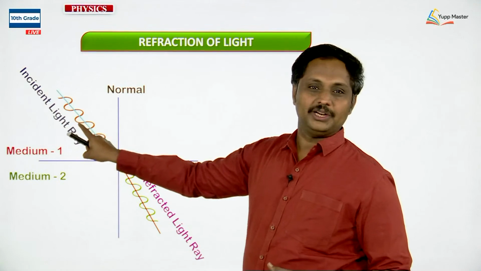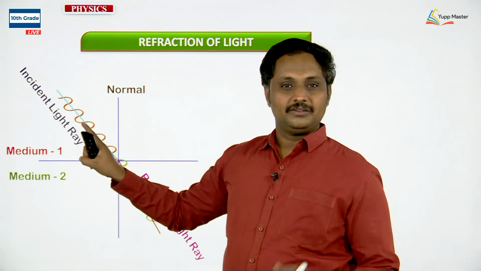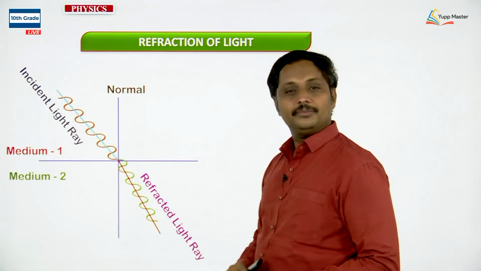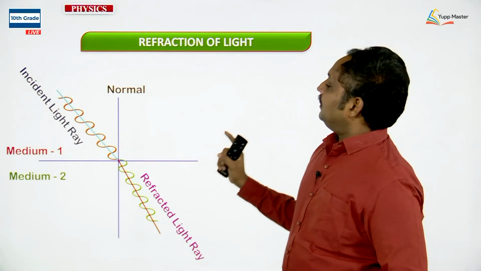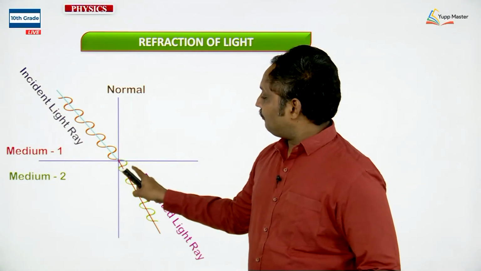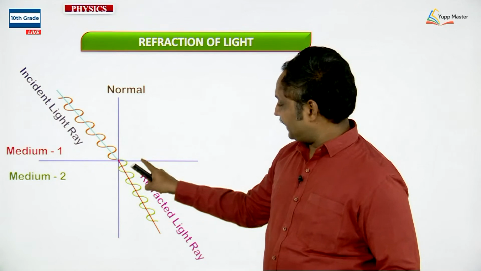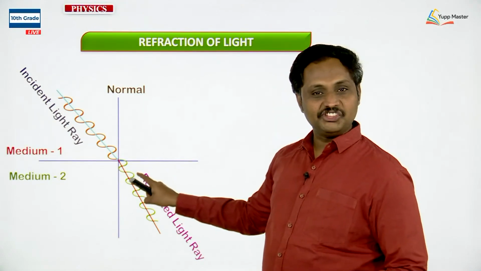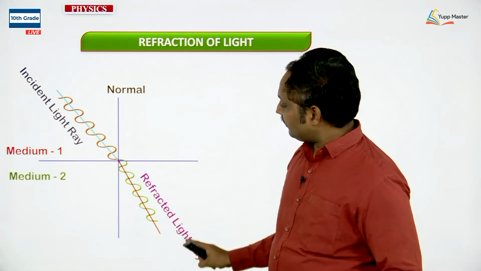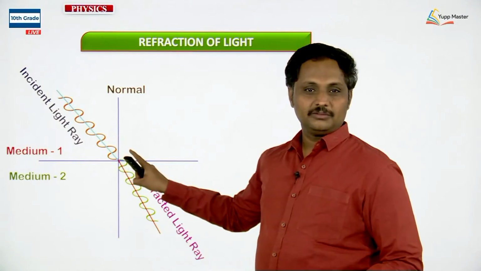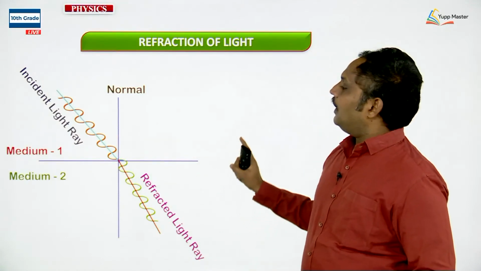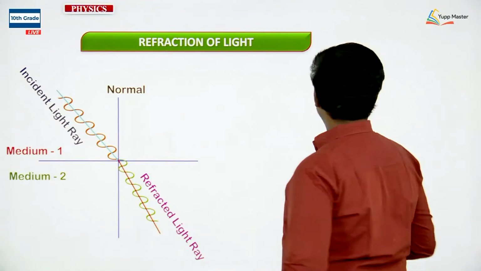You know very well that light travels in the form of a wave. It travels from one medium to another medium, and there exists a change in wavelength and a change in speed. And the frequency doesn't alter.